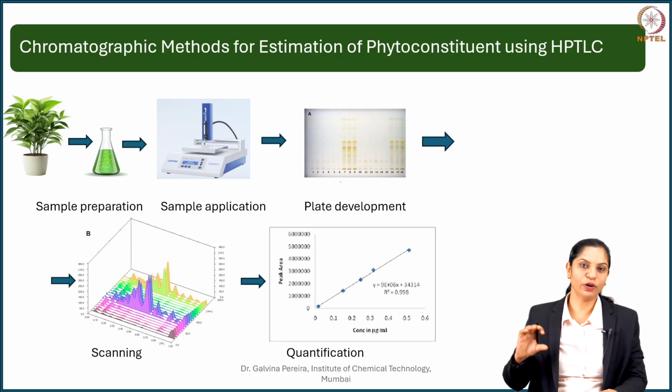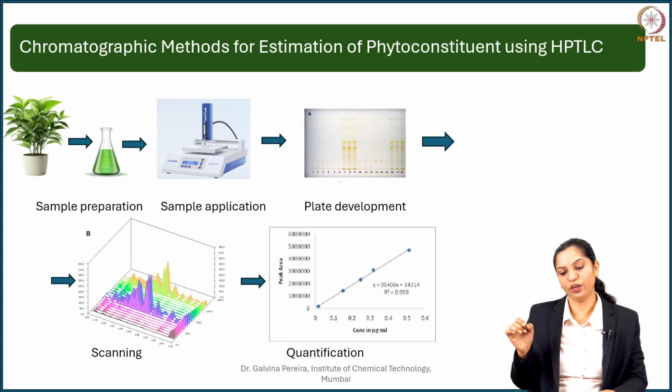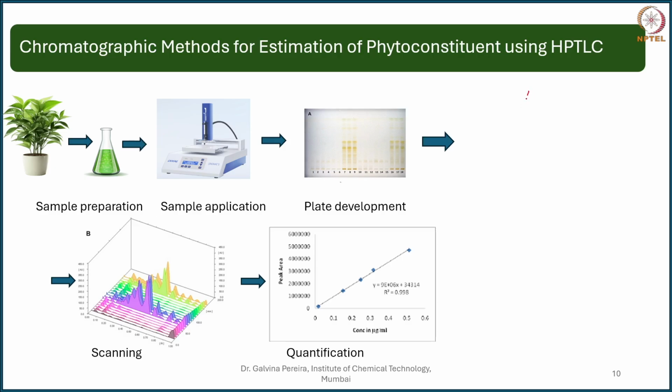Partition it with equal quantities of chloroform 2-3 times, concentrate it, prepare a 10 ml solution and use this solution for spotting. Now this spotting is done on a chromatographic plate, specialized plate which are called as thin layer chromatography. The reason it is called so because there is a metal backing like a metal foil, and on that you have a layer of your stationary phase. This stationary phase is your silica.